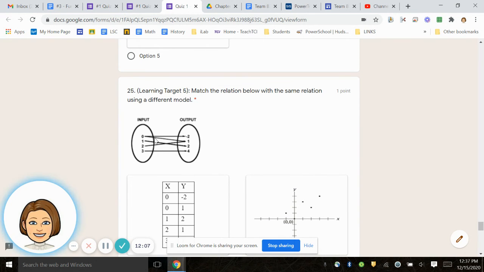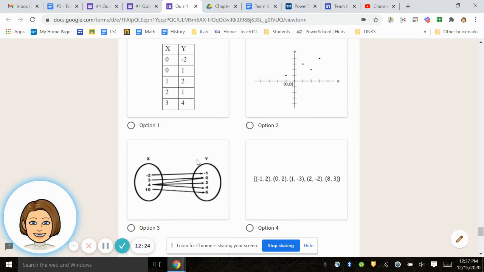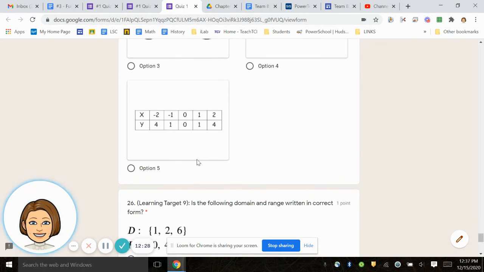Here's your mapping diagram. You have an input of 0 going to -2, as well as 0 to 1, a 2 to 1, a 1 to 2, and a 3 to 4. Which one does this match with? Option 1, option 2, option 3, option 4, or option 5?